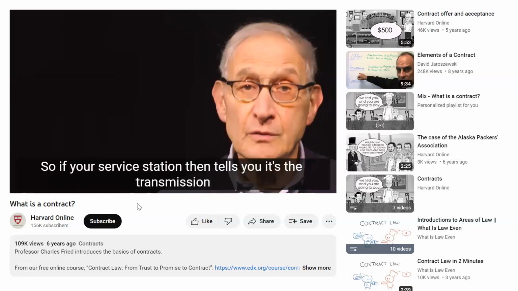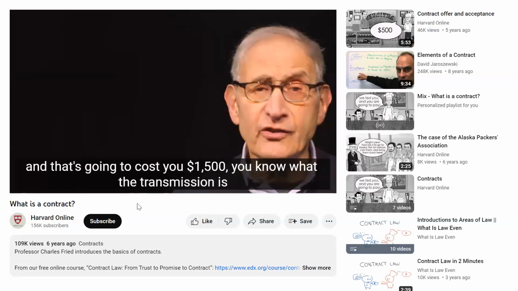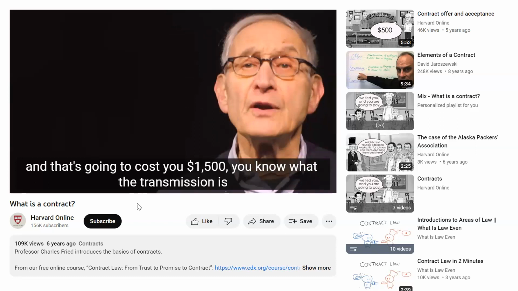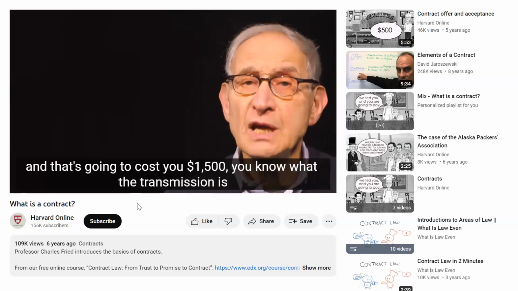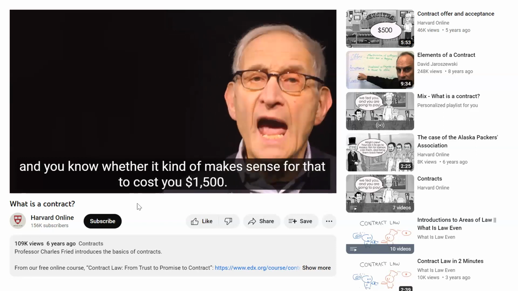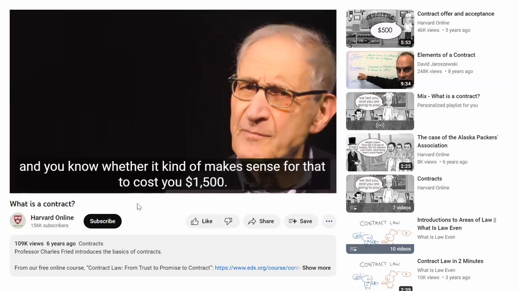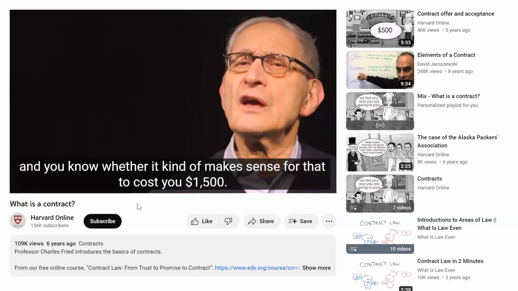So if your service station then tells you it's the transmission and that's going to cost you $1,500, you know what the transmission is, and you know whether it kind of makes sense for that to cost you $1,500.